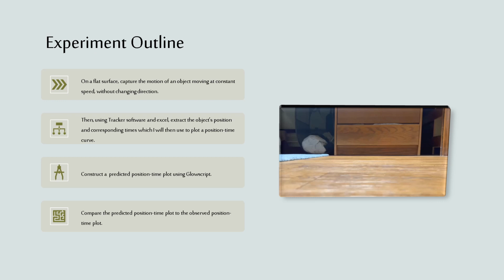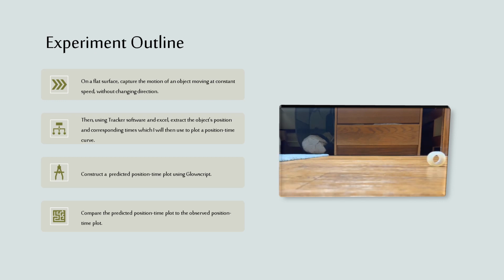So, the experiment outline can essentially be broken out into four major constituents. Firstly, I'm going to capture the motion of an object moving at constant speed without changing its direction on any given flat surface, as illustrated in this video.